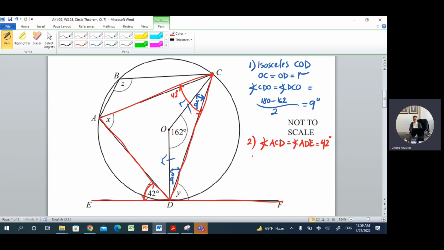So in this step, I will say that angle ACO is equal to 42 minus 9, and this angle will be 33 degrees. So we're talking about this angle here. It's 33 degrees.